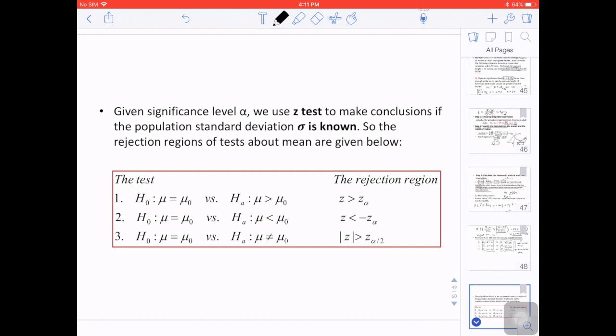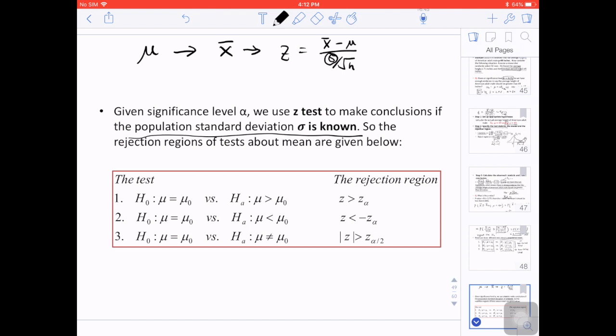Since we're interested in the population mean, mu, I'm going to find its corresponding point estimator, that is x bar, right? And I'm going to use the distribution of x bar to construct a new distribution, which is the z distribution or t distribution. Which distribution to use depends on the information about the population standard deviation. If the population standard deviation sigma is known, then you can use the z distribution, because z is equal to x bar minus mu divided by sigma over square root of n.